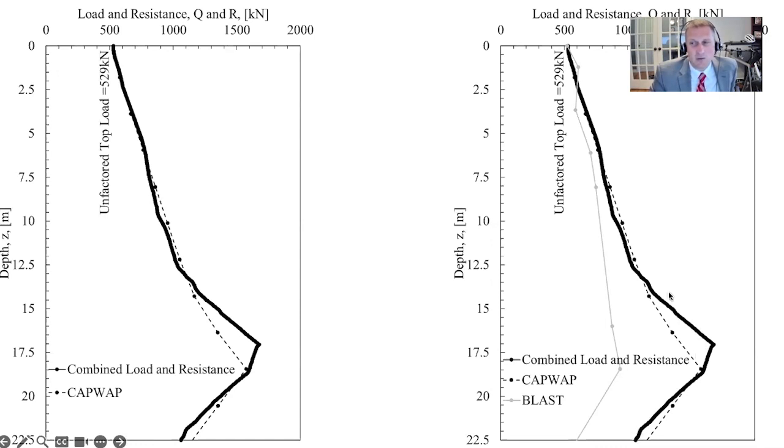And so the recommendations that we're making in the code right now are to use a t-z analysis. And so, for instance, the program TZ Pile does a really good job of predicting that. On this, the prediction from the combined load resistance is done for a fully mobilized pile. And then if we think about what's happening with CAPWAP, we're also fully mobilized when we're striking the pile.